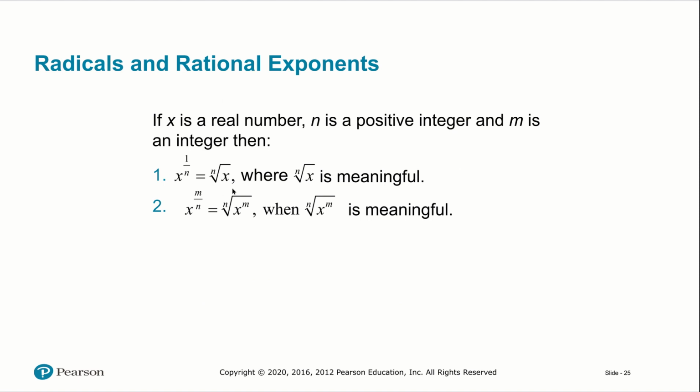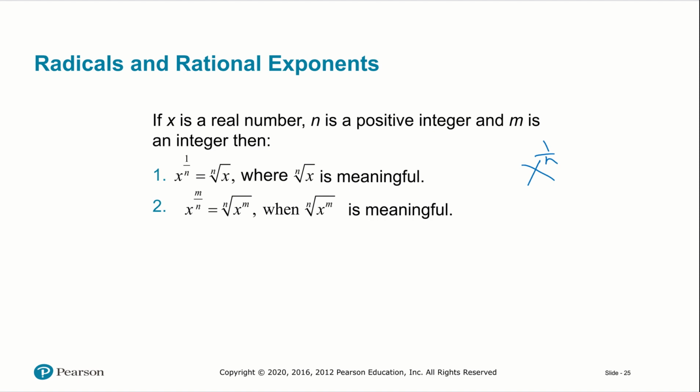All right, here we find a very surprising and useful property, and that is the fact that x to the power of 1 over n is none other than the nth root of x. Now, if we think about that, it makes sense. On the one side, we have x to the 1 over n, and on the other side, we have the nth root of x.